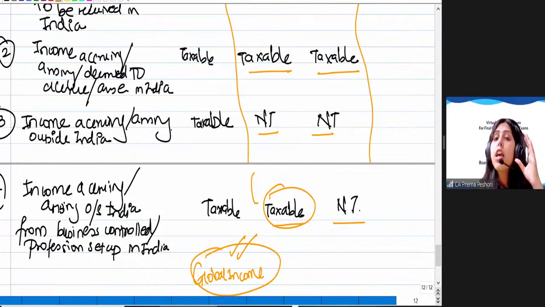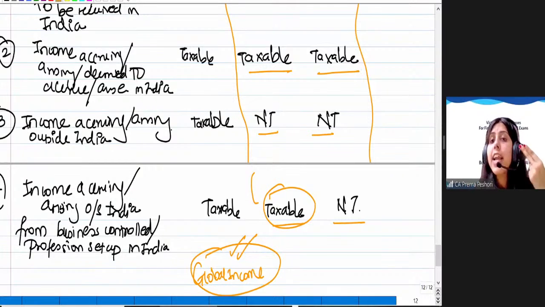So if a person who is becoming resident in India for the first time is taxed on global income and has to declare global assets, it will cause hardship for him. So to avoid that, a breathing period of 2 years is given to this kind of person.